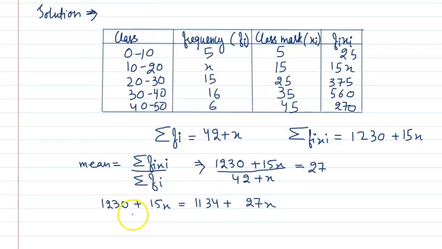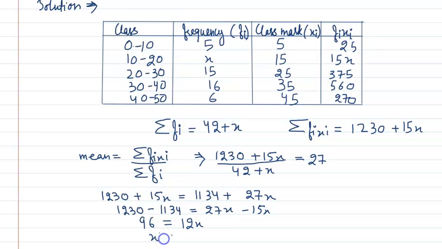Okay, so we will get 1230 minus 1134, that will be equal to 27x minus 15x. Right, now when we will calculate it, we will get 96 equal to 12x. Okay, so x will be equal to 8. Okay, so हमें x की वैल्यू फाइनली मिल चुकी है, this will be the final answer.